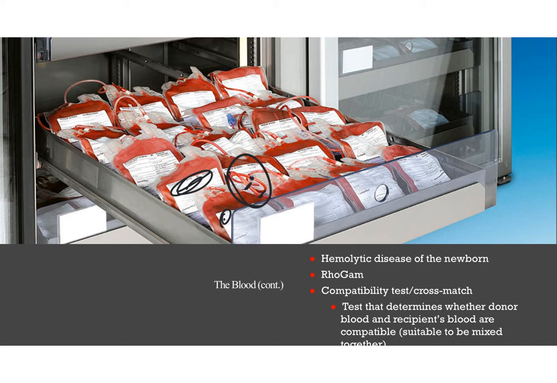And the way that we do this, there's several ways, but one of the process before we're completely done is we actually in the tube mix the donor blood with the patient blood to make sure that it is compatible and it doesn't clump together and it doesn't hemolyze and destroy each other. And that's the last process before we say this is a compatible match, okay?